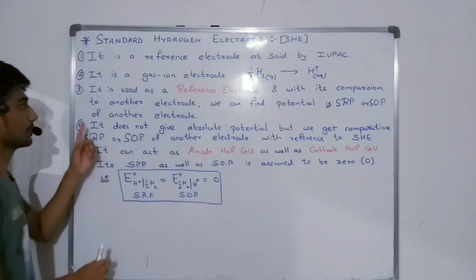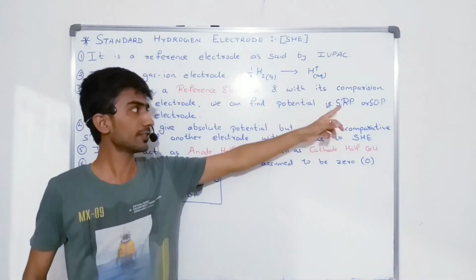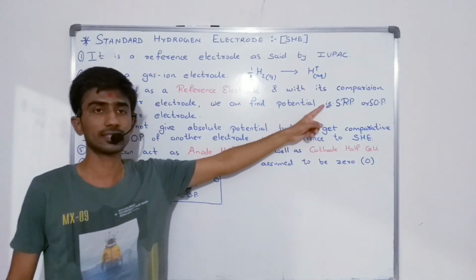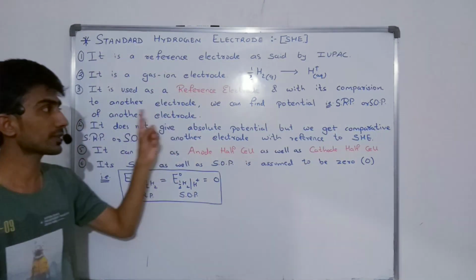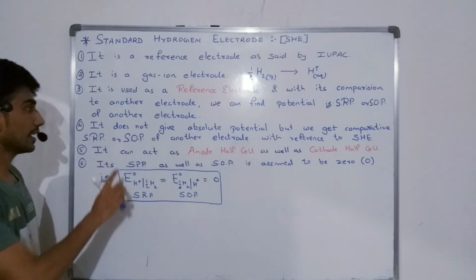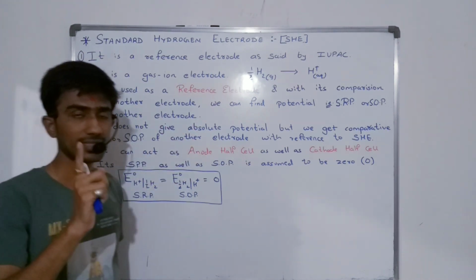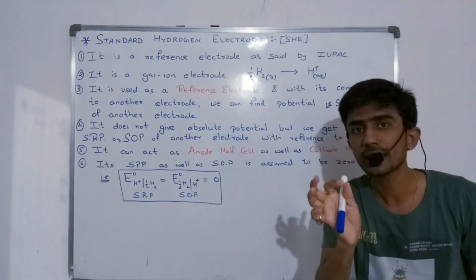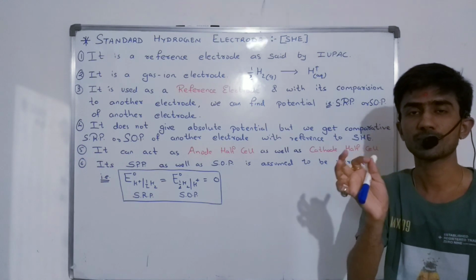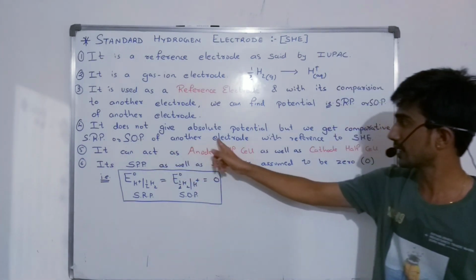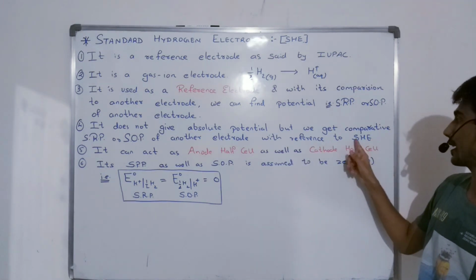It is used as a reference electrode, and by comparison with another electrode we can find the potential. It does not give absolute potential; it will give you comparative potential, that is, the standard reduction potential or standard oxidation potential of another electrode with reference to the standard hydrogen electrode.